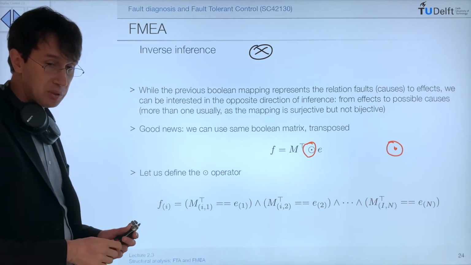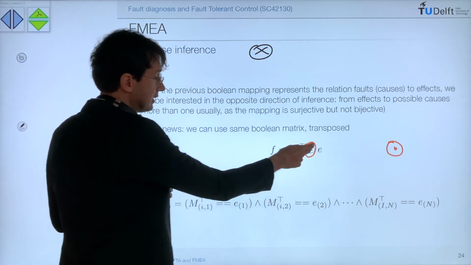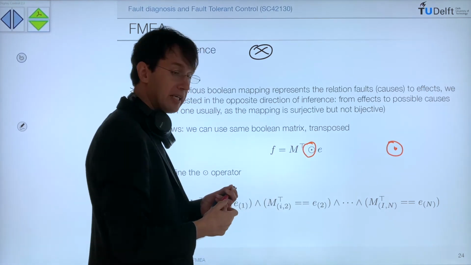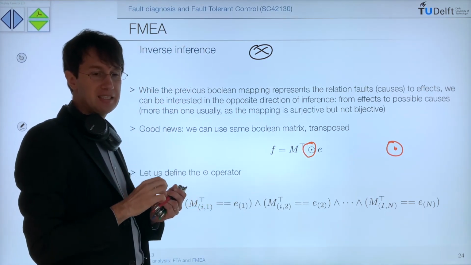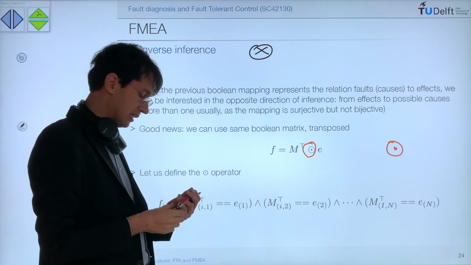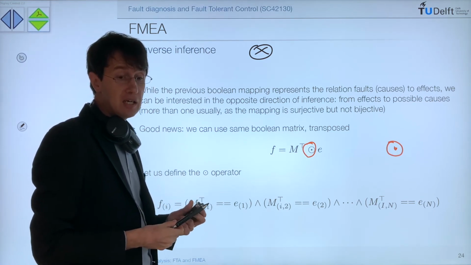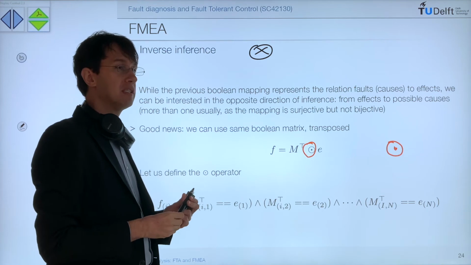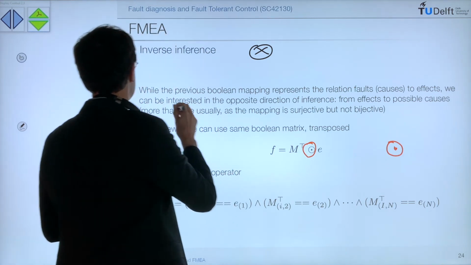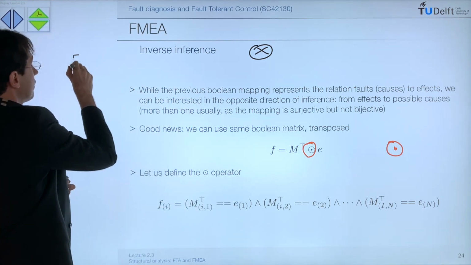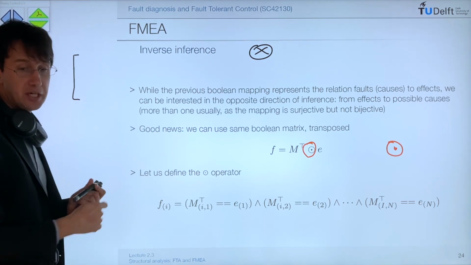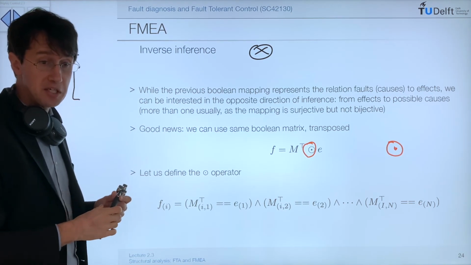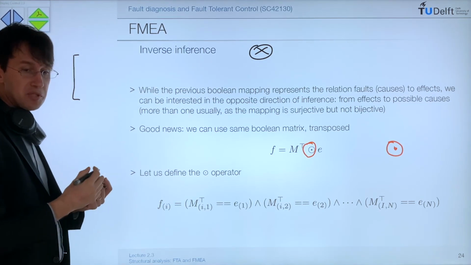So you need to consider that in this case, this vector is containing a 1 in the position of the effect that you experience. So if you have a complex system where there can be different effects, like you can have no light, some strange noise, some strange vibrations, there are the possibilities.